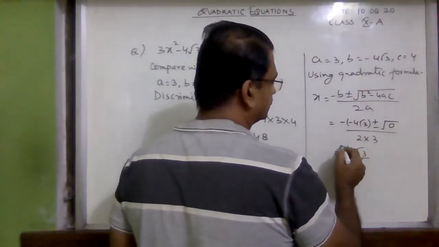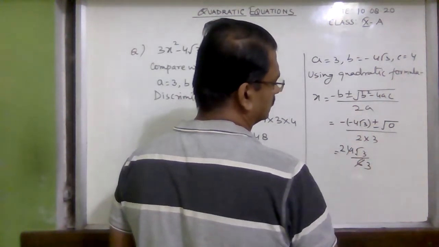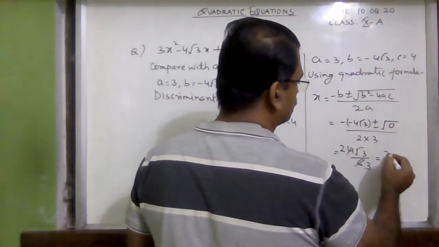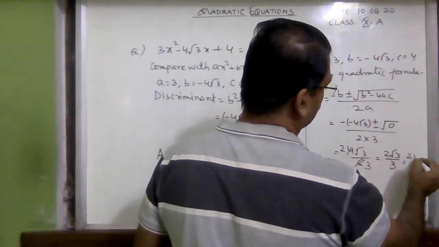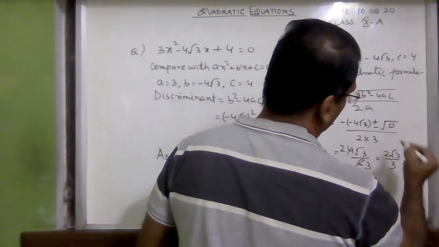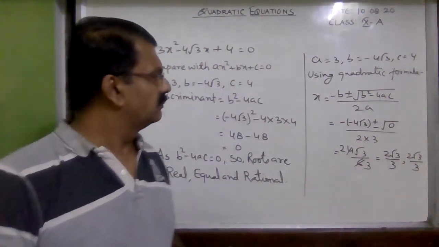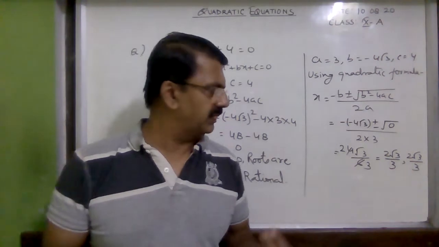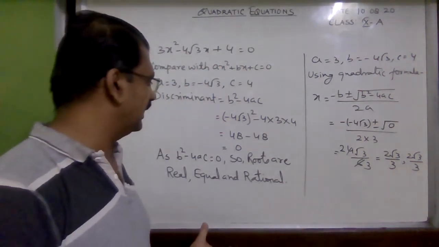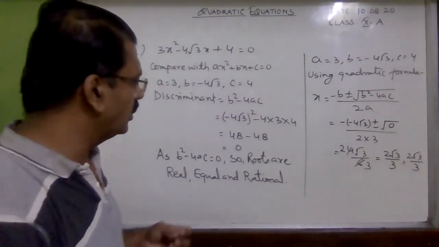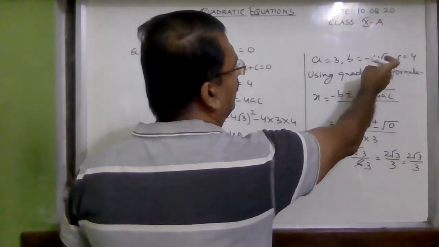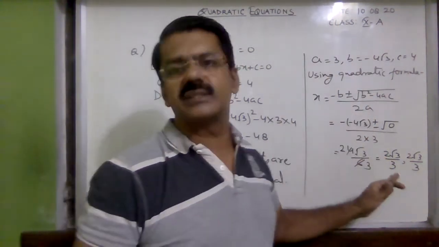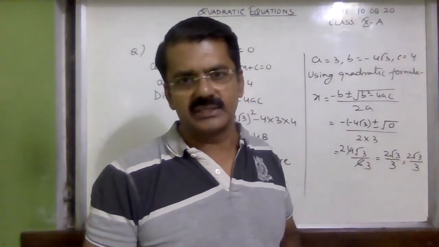Cancel it by 2, so it is 2√3/3, 2√3/3. So you can see both the values of x are same, they are definitely real, and although I have written rational here, as already the value of b is irrational, this number is irrational because root 3 is there.